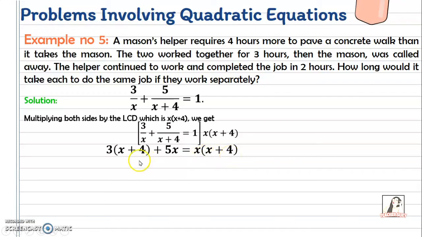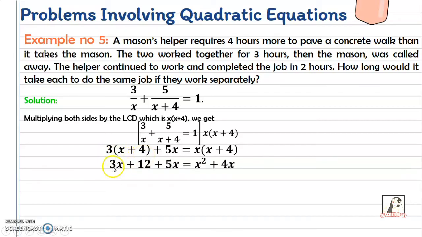So, ngayon, ang gagawin natin is we need to simplify this equation using the distributive property. I-distribute natin si 3 sa loob ng parenthesis, and i-distribute natin si x sa loob ng parenthesis dito. So, we have 3 times x is equal to 3x, and 3 times 4 is equal to 12.